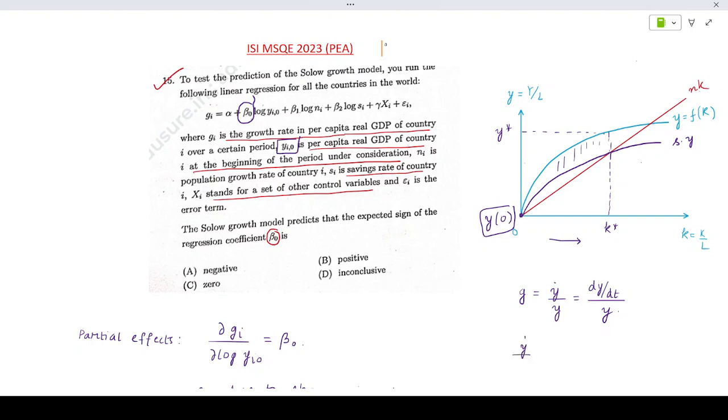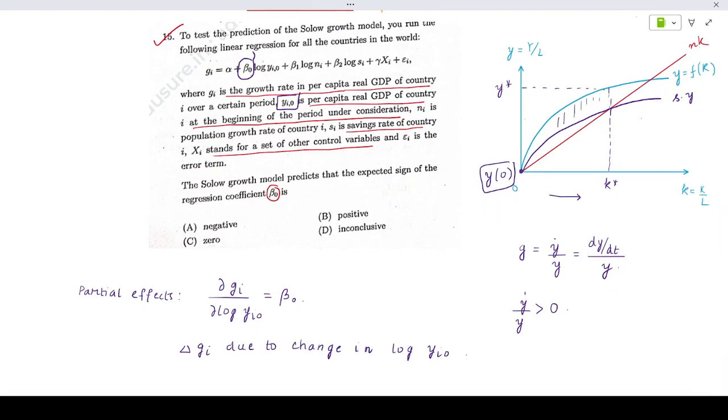Y dot by y is positive, correct? And so g is positive over here. If you compare the diagram and the logic, we are trying to evaluate the change in g due to change in log yi.